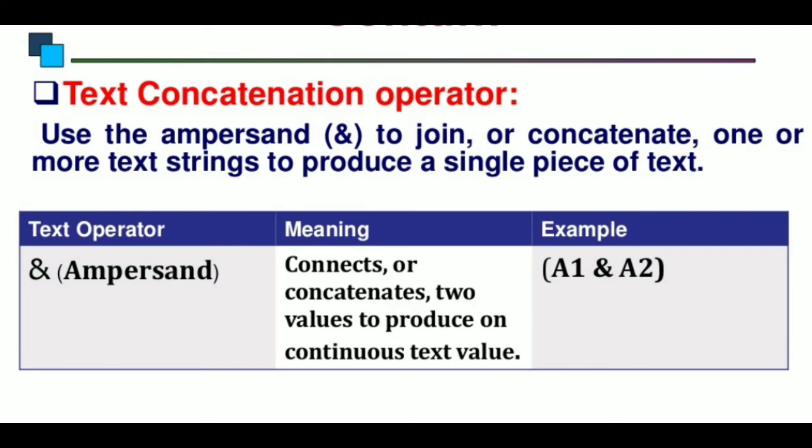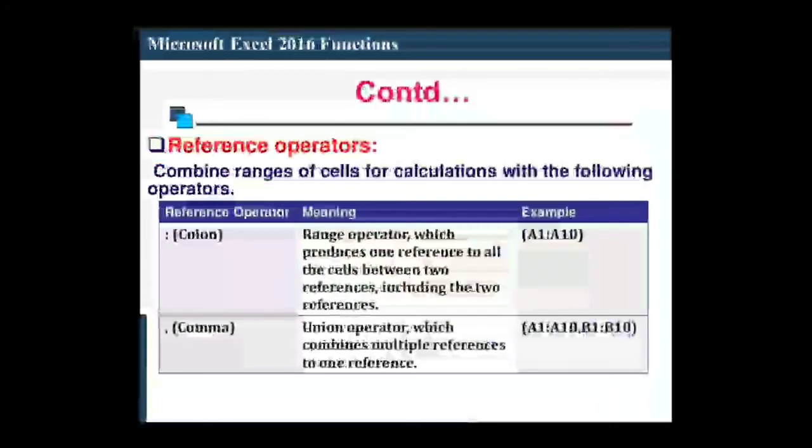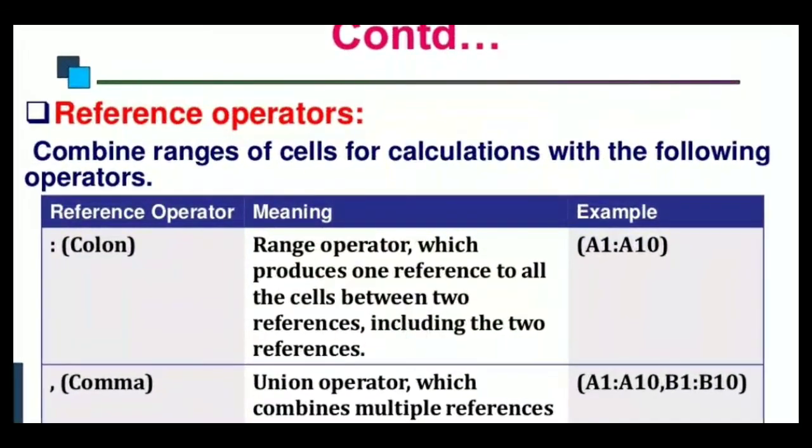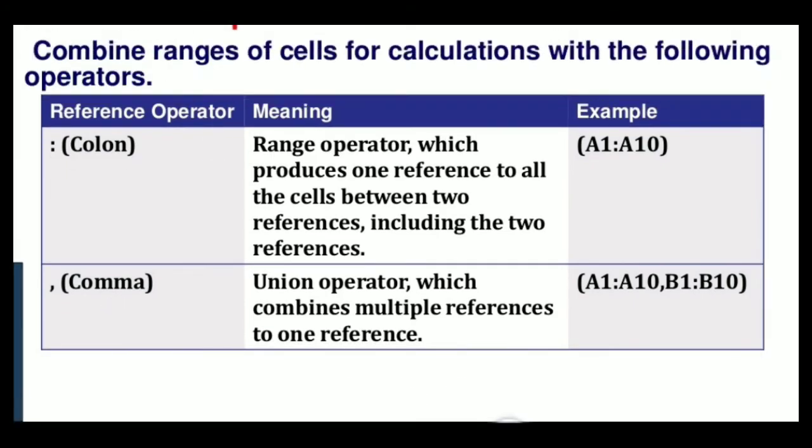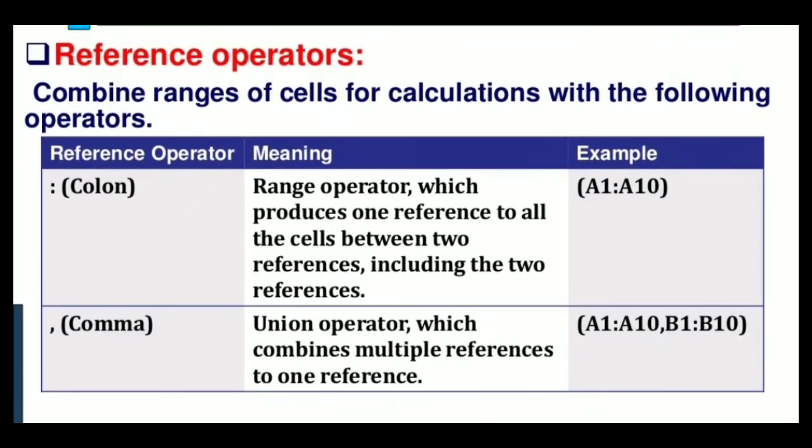Now the next topic is reference operators. Here are two reference operators: colon and comma. What is the use of the colon? Colon is the range operator, which produces one reference to all the cells between two references, including the two references. It is used to provide a range of cells.